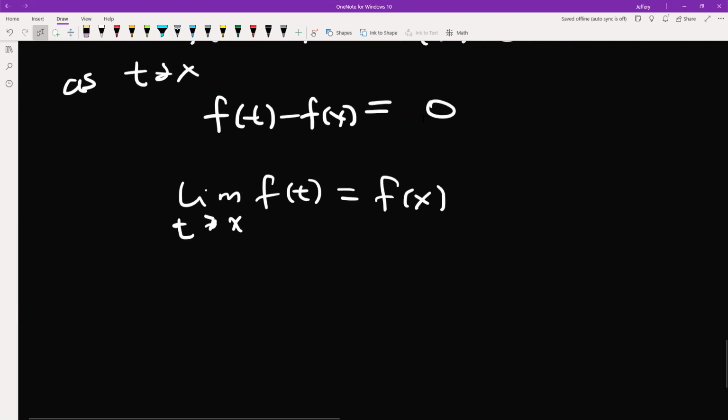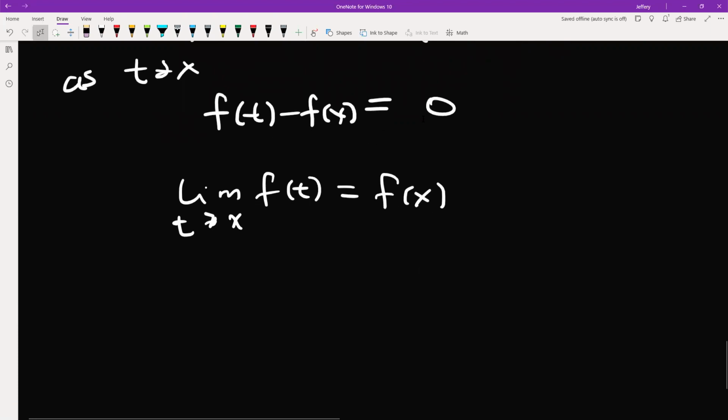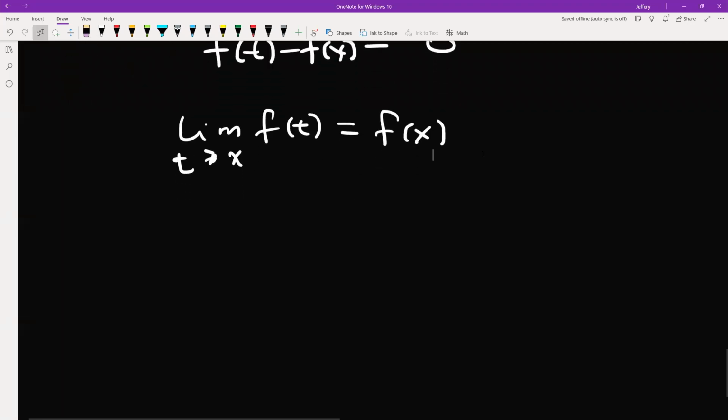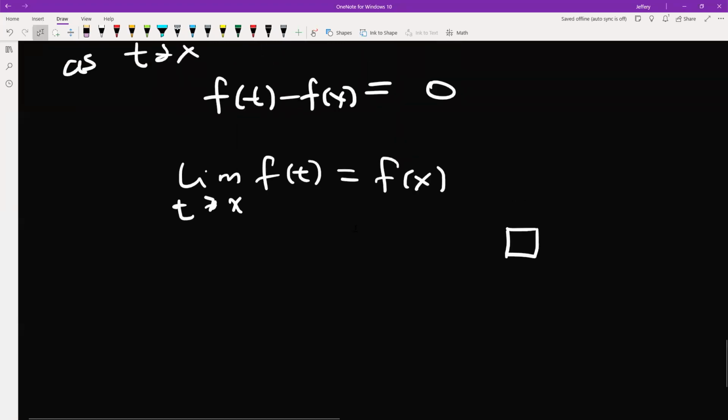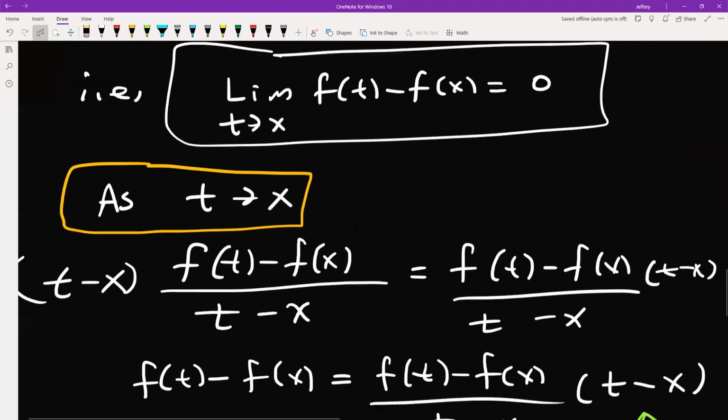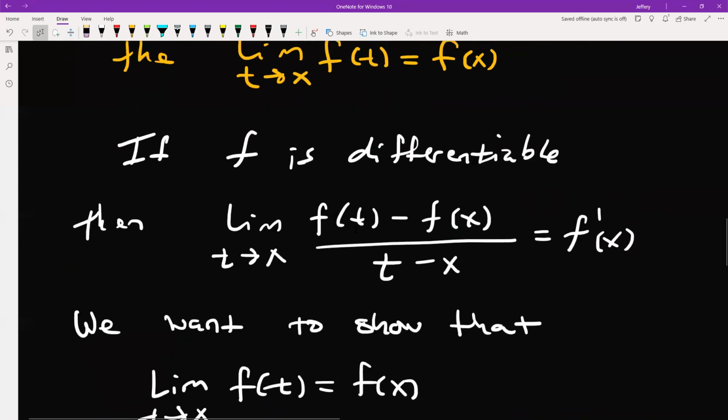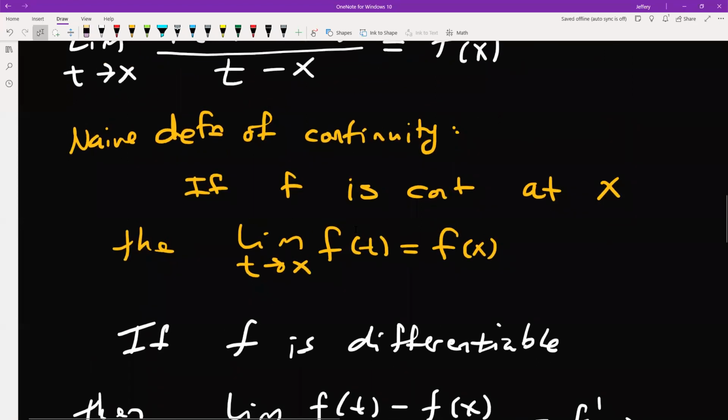We could state it in terms of a metric space, but I don't want to get into it because I don't have all the formulas in front of me, and I don't want to write it down wrong. So that's it. If your function is differentiable, then it is continuous at the point x.